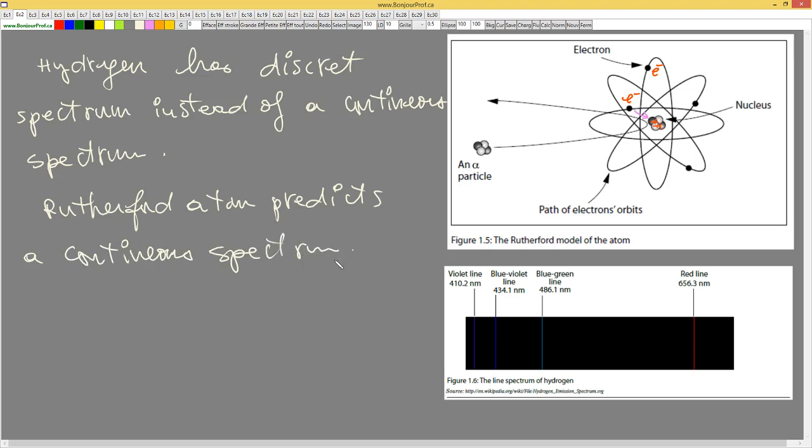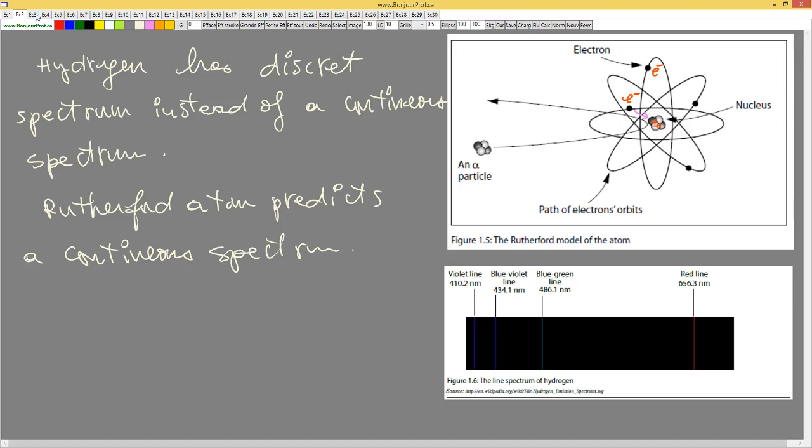These two problems are huge. So physicists want to improve the Rutherford model. They said the Rutherford model is not right, it's not correct because it doesn't answer these questions, but it explains lots of other experiments. So it is a model that must be improved.